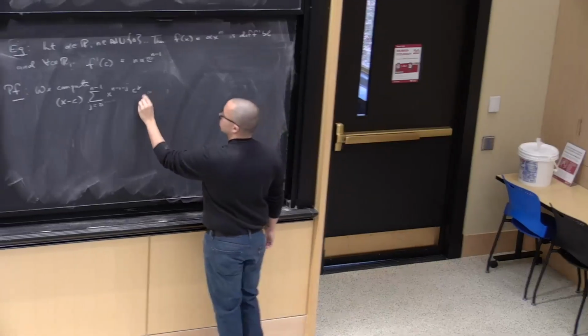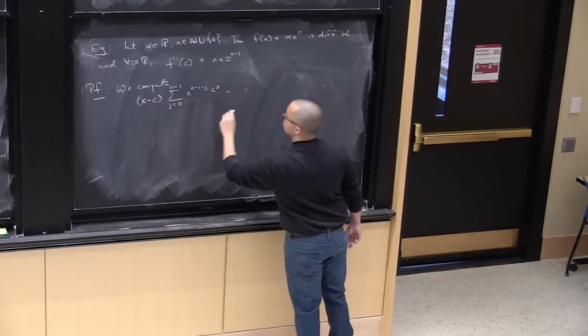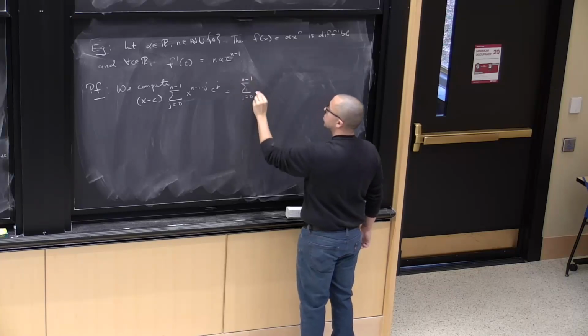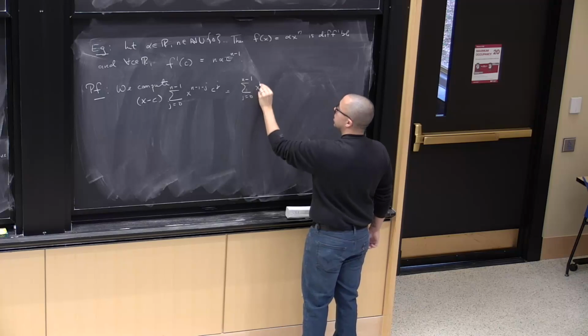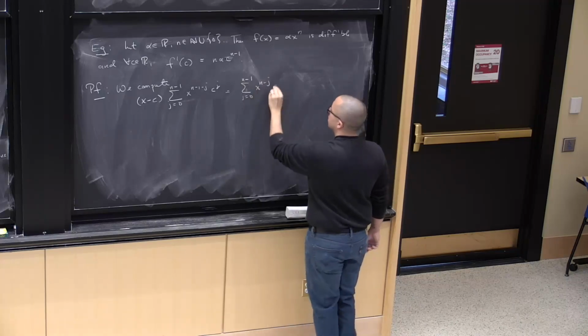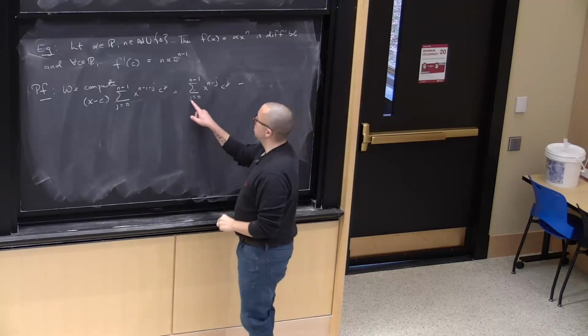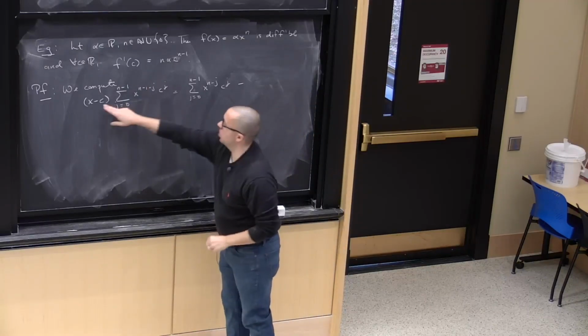So this is equal to, multiply the x through, I get the sum from j equals 0 to n minus 1, x to the n minus j, c to the j, minus, and I'm not going to use j again in the sum when I carry this c through.